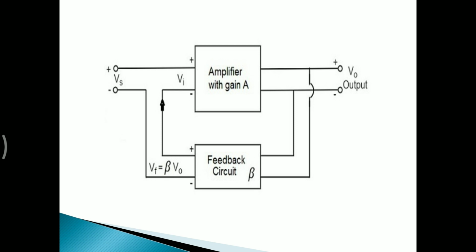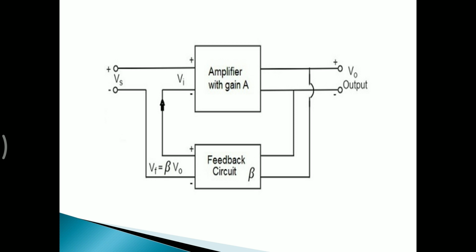When the source gives the input signal to the amplifier, the amplifier magnifies the weak input signals. After that it gives the output. That output V naught is fed back through the feedback network, which gives out a voltage.